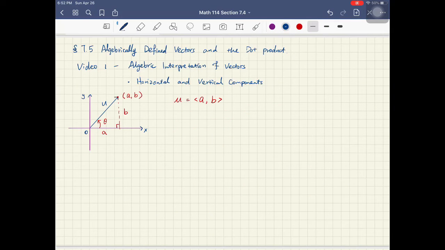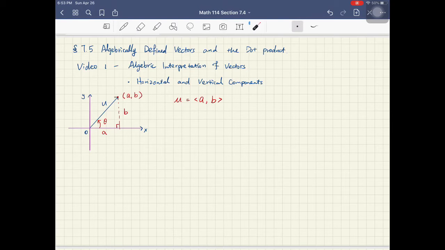The second part we're going to talk about here is the horizontal and vertical components for any vector. I'm still using the same vector u sitting in standard position, with the terminal point a comma b. That means x equals a, y equals b, and the direction angle is theta.